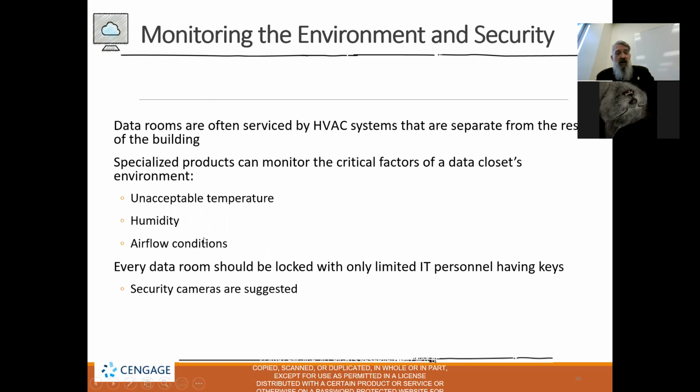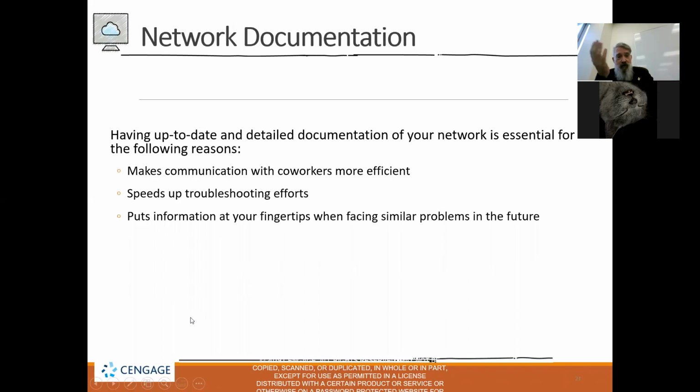The humidity is also bad. So in your data center rooms, or wherever your main network nodes are, you need good ventilation and good air conditioning, and it needs to be stronger than the normal one that you're using for people.